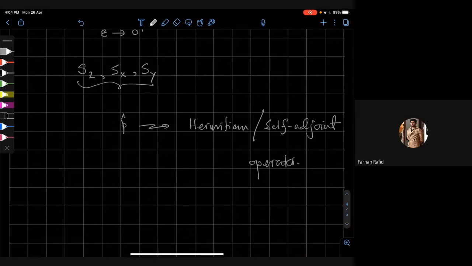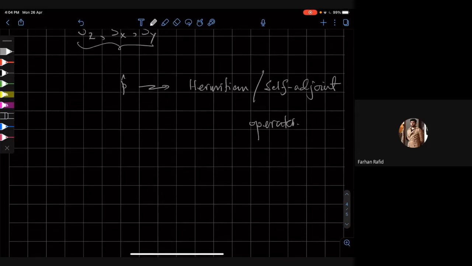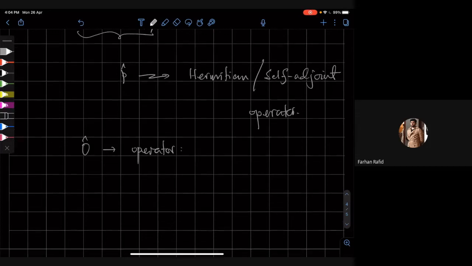Okay, so what is a self-adjoint operator? Before we can define what a self-adjoint operator is, we have to define what an adjoint is. So let O be an operator. Then its adjoint is defined by its action on vectors or on functions.